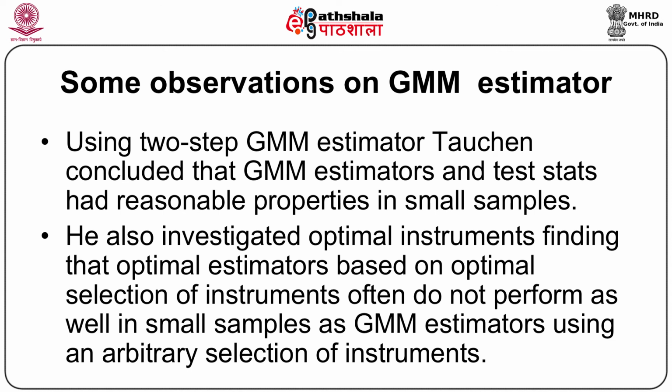Using the two-step GMM estimator, Tauchen concluded that the GMM estimator and test statistics had reasonable properties in small samples. He also investigated optimal instruments, finding that optimal estimators based on optimal selection of the instrument often do not perform as well in small samples as the GMM estimator using an arbitrary selection of instruments.